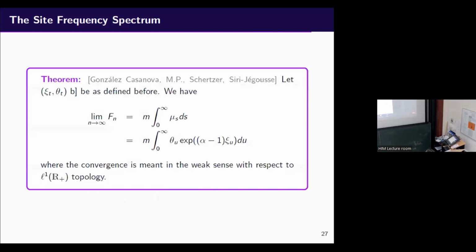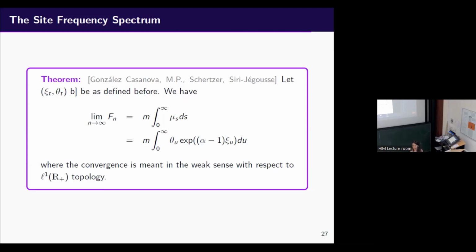And for this type of Xi-coalescent, we proved that if you take F_n to be the site frequency spectrum, we can characterize it using the Lamperti transform. We know that for large n, it converges to this thing that again depends on the subordinator and on the radial part of the Markov additive process.